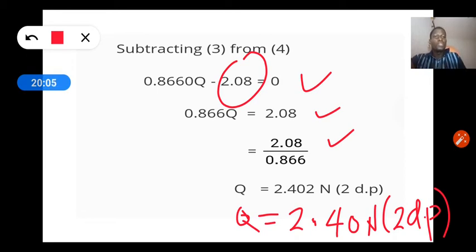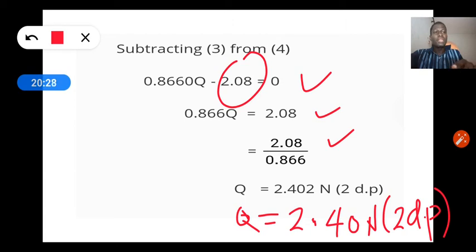I think with this we have done justice to the translational part of the equilibrium. Remember I told you that we have two types of equilibrium when we started: translational equilibrium and rotational equilibrium. So this is the concluding part of translational equilibrium.